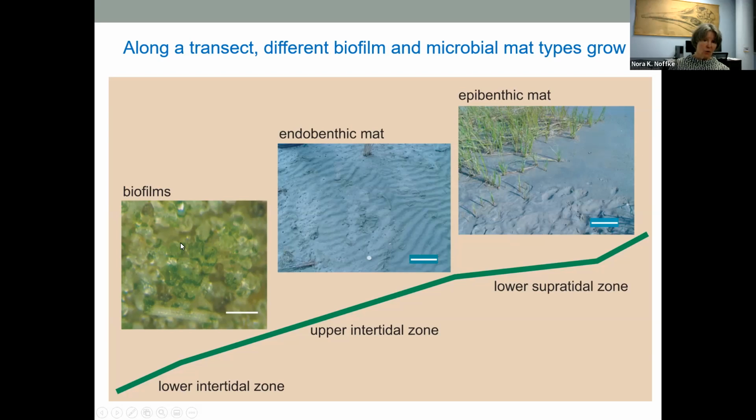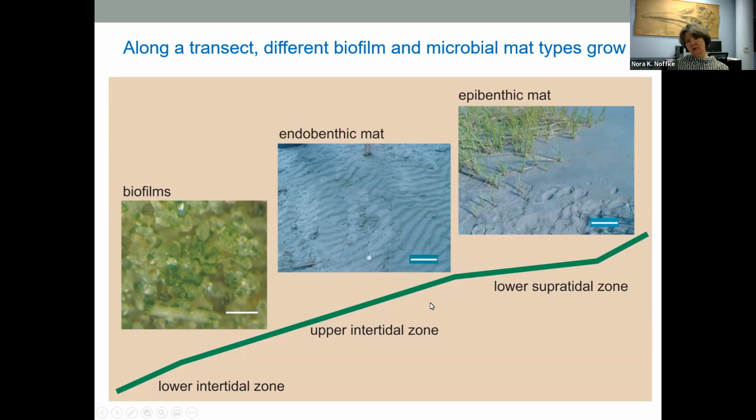You see here quartz grains, and in between the grains, this green material, in this case, is Merismopedia punctata. Those are little biofilms that form around each sedimentary grain in this area where there is constant wave action.